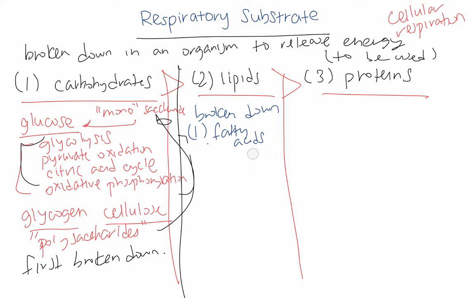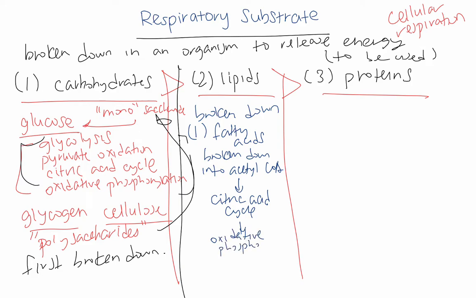So, in the case of fatty acids, it will actually be broken down into acetyl coenzyme A. Then it will go through the citric acid cycle, and finally, it will go through oxidative phosphorylation. There is no need for this fatty acid to go through glycolysis or pyruvate oxidation because it has been broken down into acetyl coenzyme A.